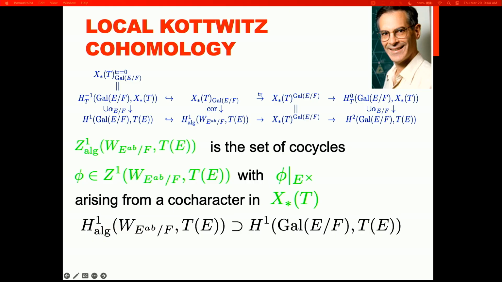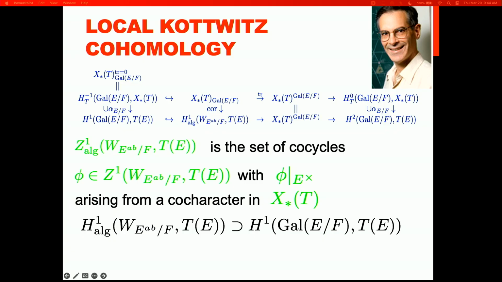It looks as if these two maps are completely different, but what Kottwitz checked by an explicit cocycle computation is that this little square on the left actually commutes. So this corestriction map really extends the cup product with the fundamental class.